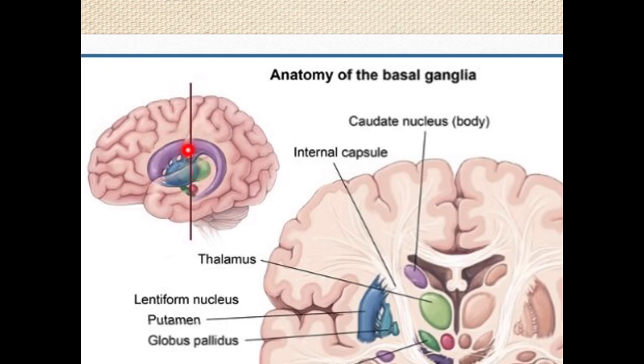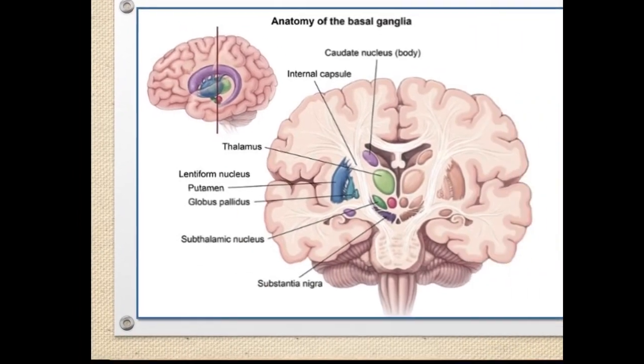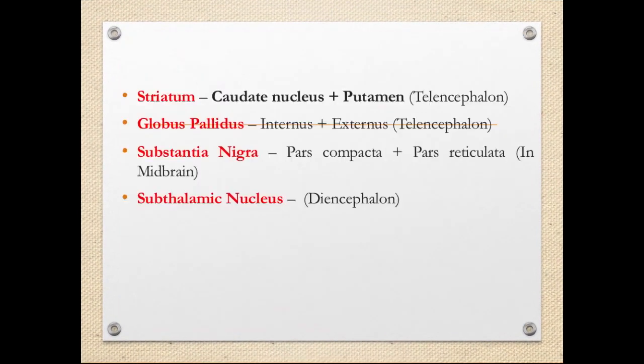So, caudate nucleus and putamen have a connection with each other, like these structures collectively. So, collectively caudate nucleus and putamen can sometimes be called the striatum.